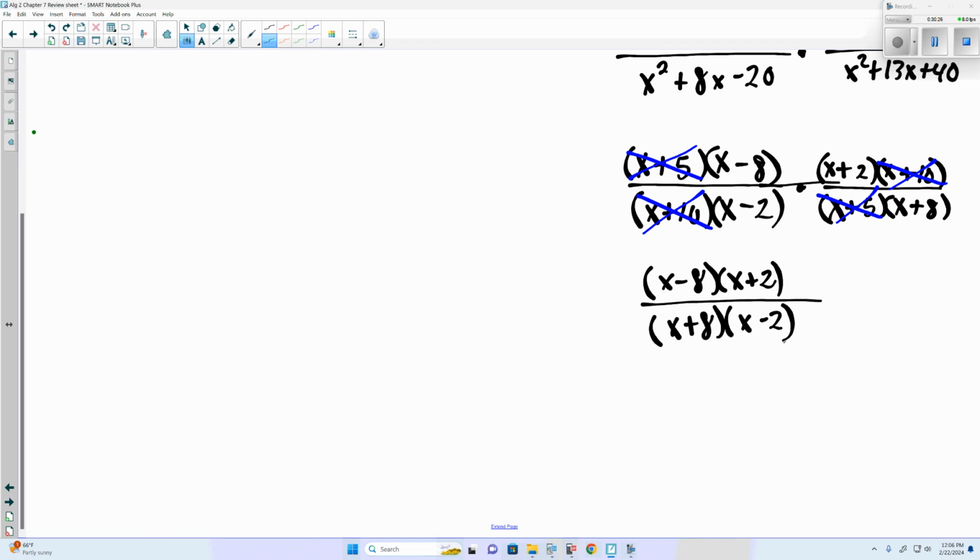And as much as we want to cancel these out, they're not the same because the signs in the middle are opposite. And we can't just change it because both signs aren't different. Because if it had been negative x minus 8 on top, we could factor that negative out and make it be the same. But that there is the final answer for that one there.